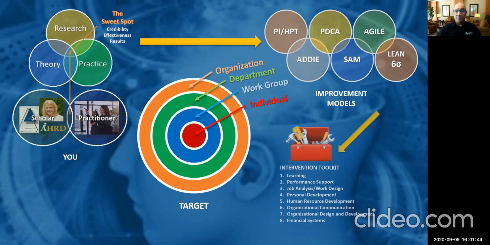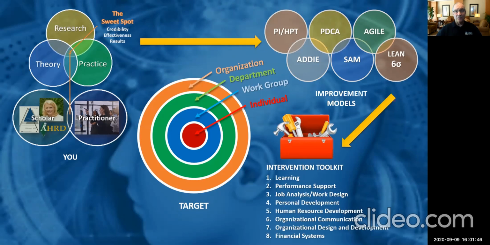So at some point you're going to do that analysis, that assessment, and when it's completed, you're going to understand a lot of things about your audience, of course the level in the organization that you're trying to make an improvement with, and several other things that will lead you to the selection of an intervention type, even a specific intervention, whether it be learning, performance support, personal development, job analysis, human resource development, organizational communication, organizational design and development, or financial systems, the big 8.